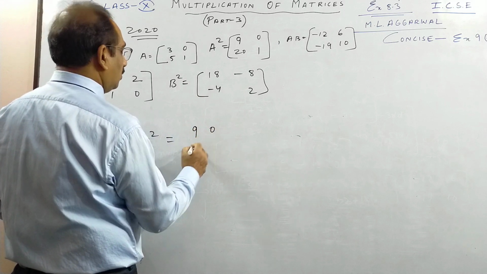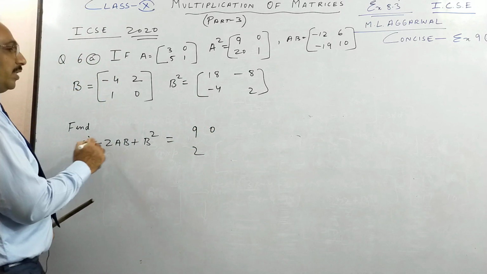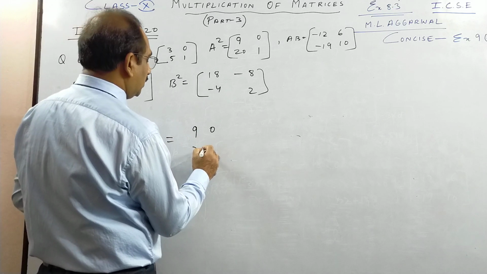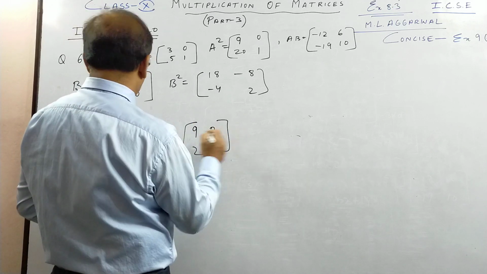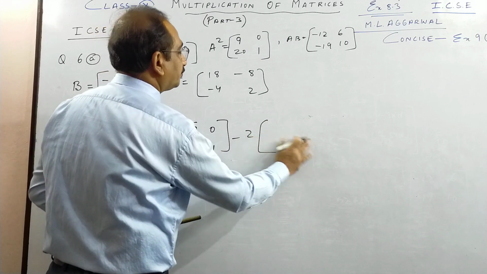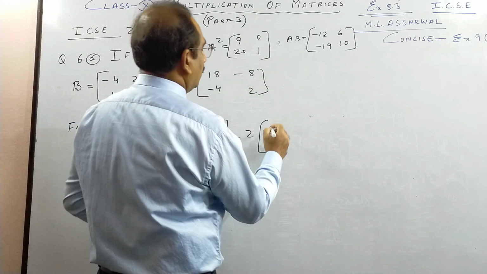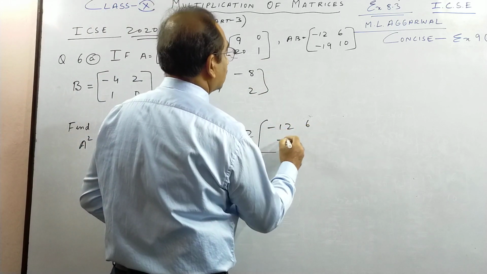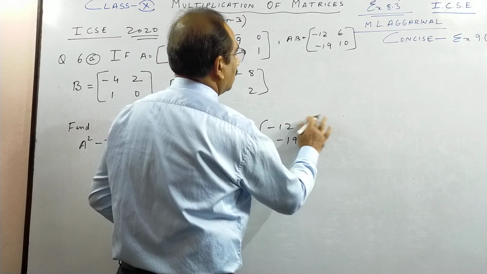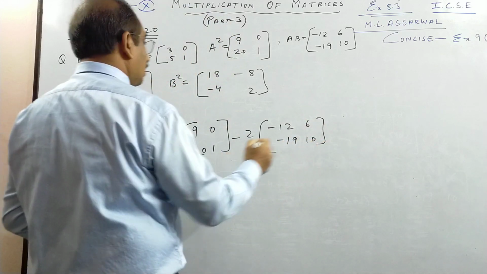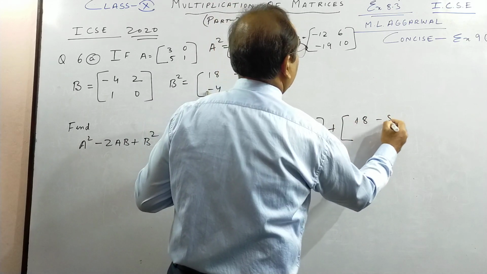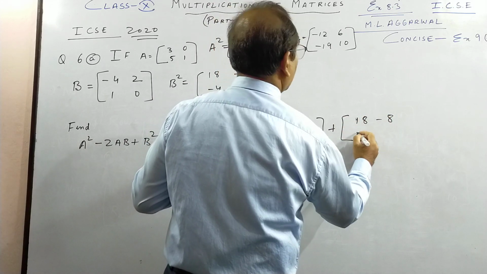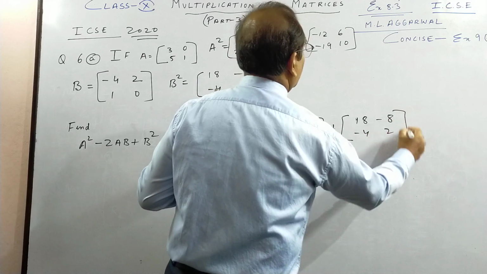So 9, 0, 21. This is what I have to find, A square, 9, 0, 21. Minus 2 AB. AB is minus 12, 6, minus 19, 10, and this plus B square. B square is 18, minus 8, minus 4, 2.